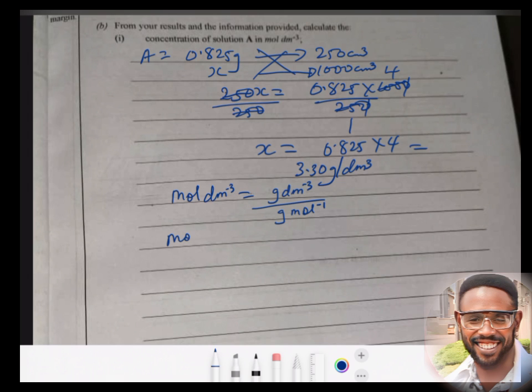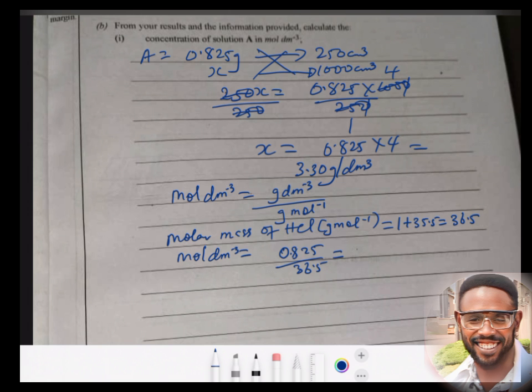Now, what is the molar mass of HCl? That is the gram per mole of HCl. Hydrogen is given as 1, chlorine is 35.5, so that we have 36.5 gram per mole. Then the mass concentration is already gotten as 3.3. Therefore, our mole per dm cube is equal to 3.30 divided by 36.5.